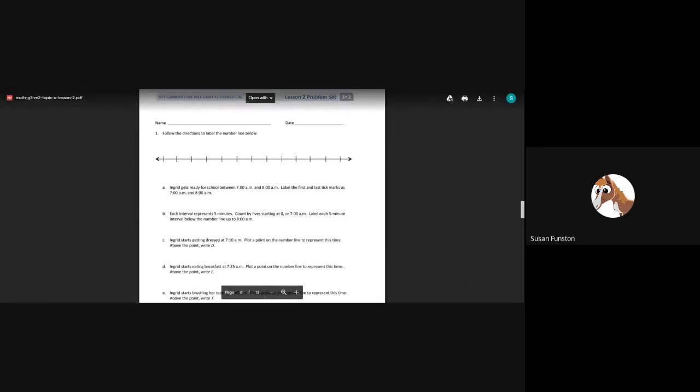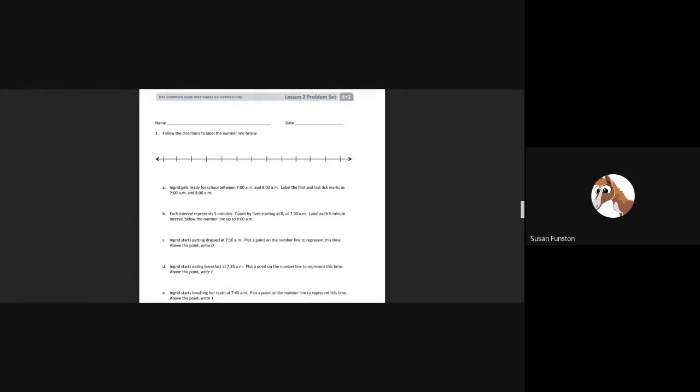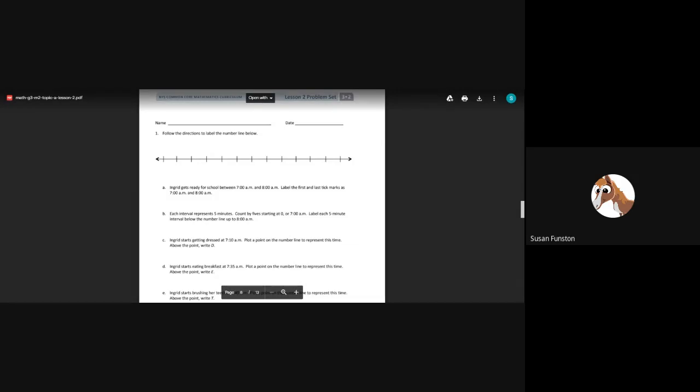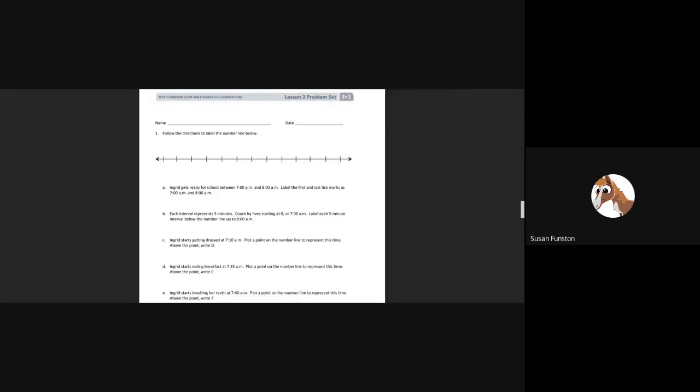Part B tells us that each interval represents 5 minutes. Count by 5 starting at 0 or 7 a.m. and label each 5-minute interval below the number up to 8 a.m. Okay, so here we have 7 o'clock.